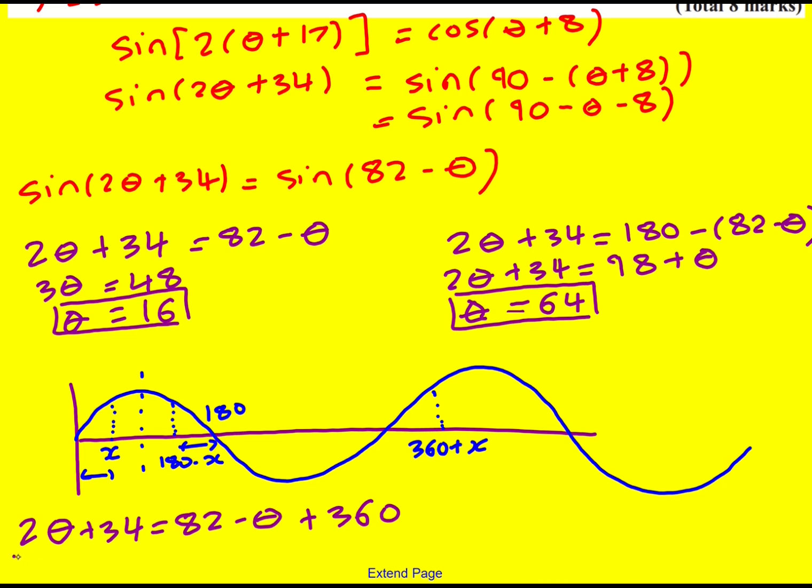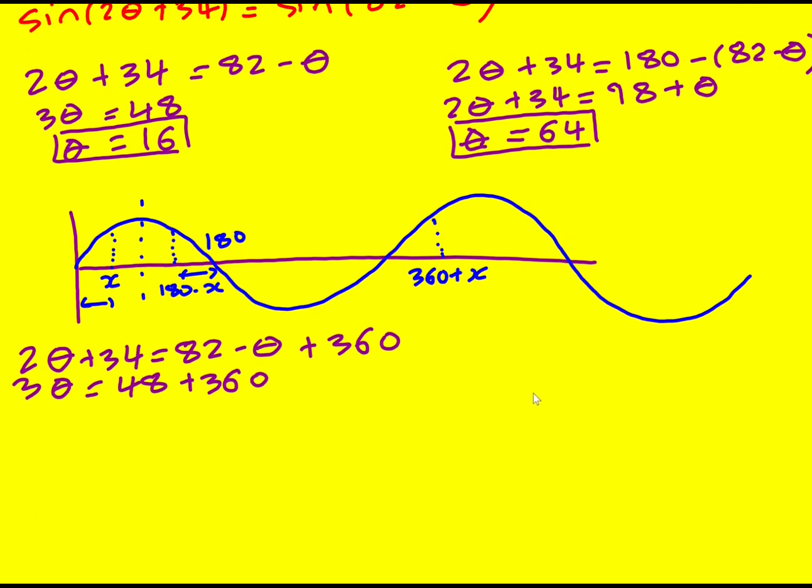This gives a very similar equation to what I had originally. 3 theta is going to equal 48, but now this additional 360. I can just divide through by 3 straight away. Theta is 16 plus 120, which gives 136 degrees as another possible answer.